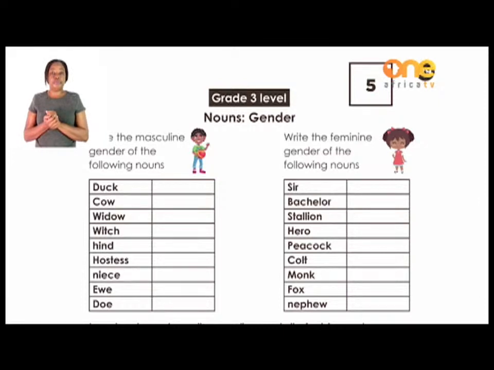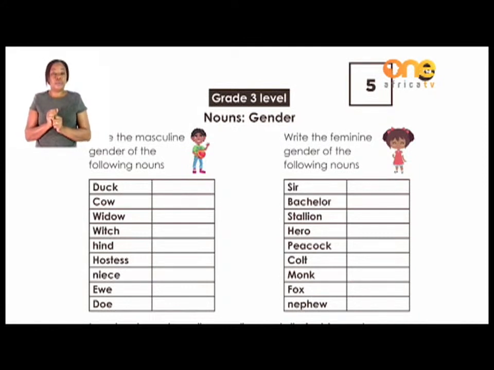So we are given two tables there with two columns. In the first table, we are given the masculine gender side, and we have to find the feminine gender. All right. Okay, now let's try and find the answers.